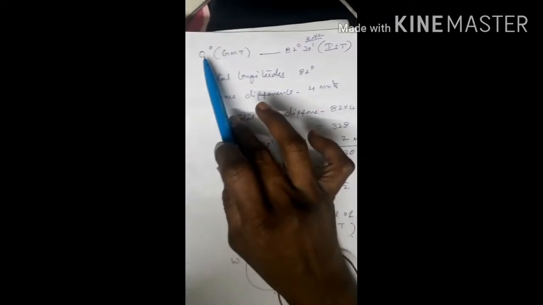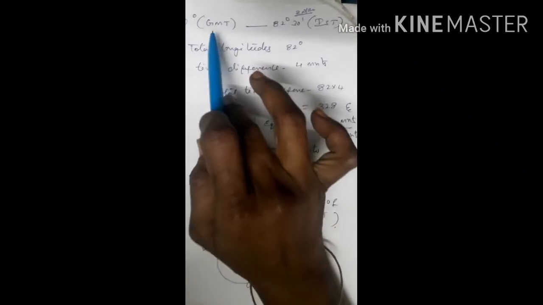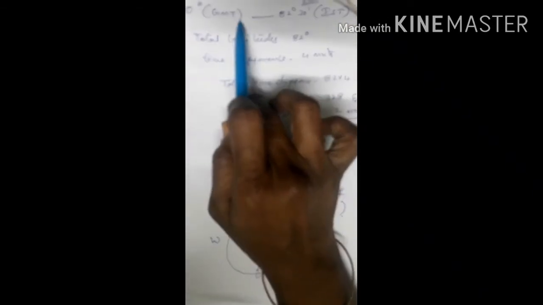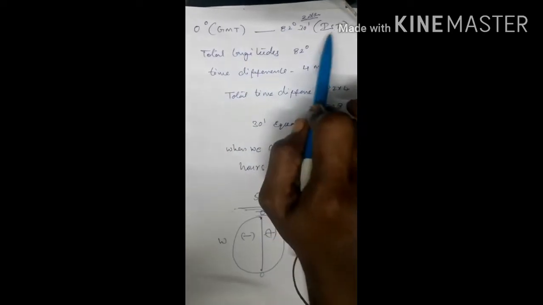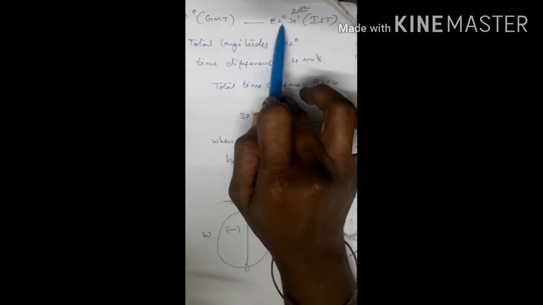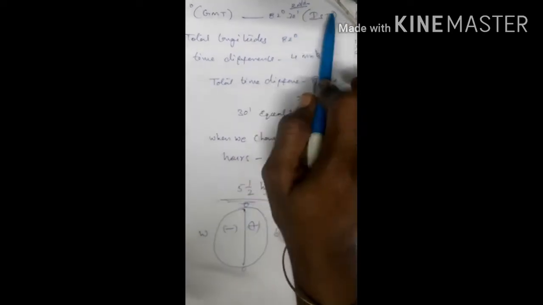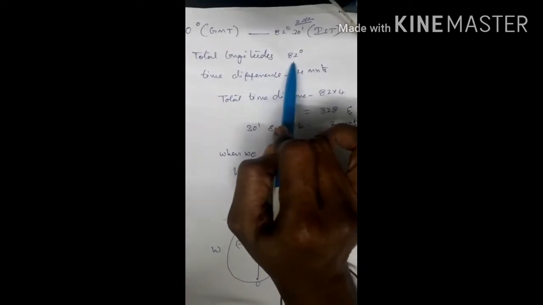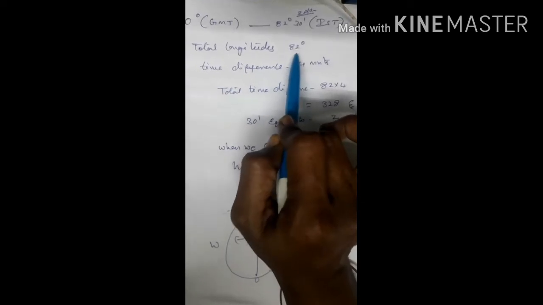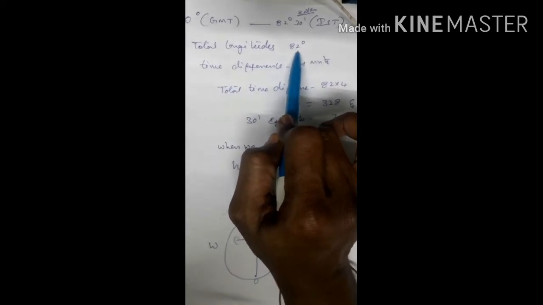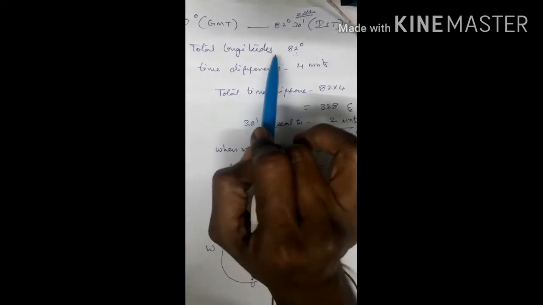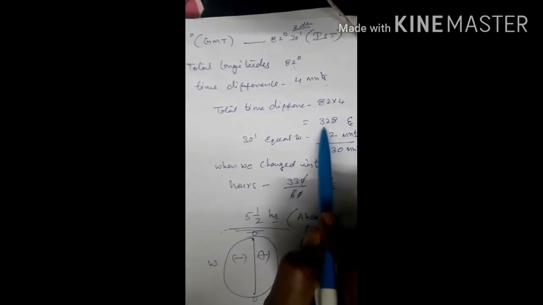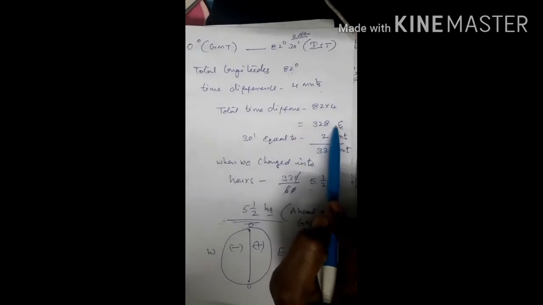Once again, 0 degrees longitude is GMT, Greenwich Mean Time. Our Indian Standard Time is 82 degrees 30 minutes longitude. So in between, the total is 82 degrees of longitude. The time difference for every longitude is 4 minutes. Then the total time difference is 82 into 4, 328 minutes.